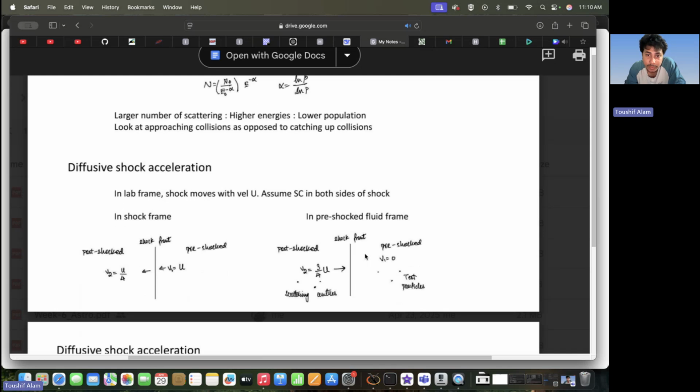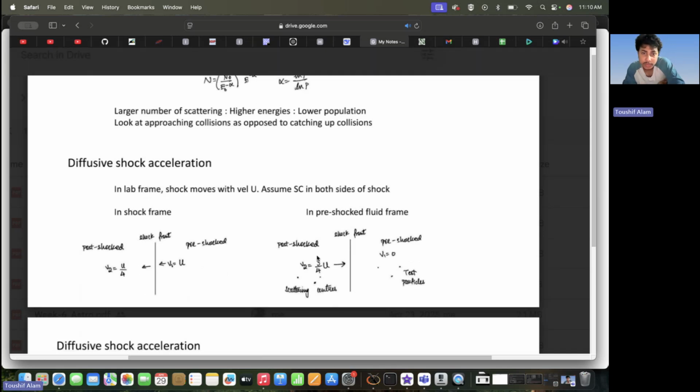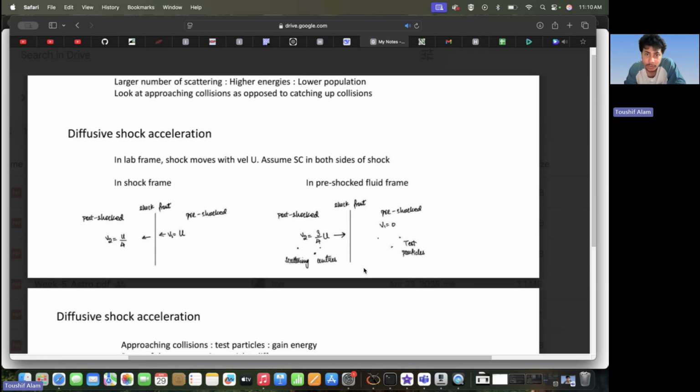In the pre-shocked fluid frame, V1 is 0 because we are seeing from the pre-shocked frame, and the post-shocked fluid is now going this side. V2 is now 3 by 4 U because V1 is 0. Earlier V1 was U and V2 was U by 4, so you will see it coming towards us with 3 by 4 U velocity.